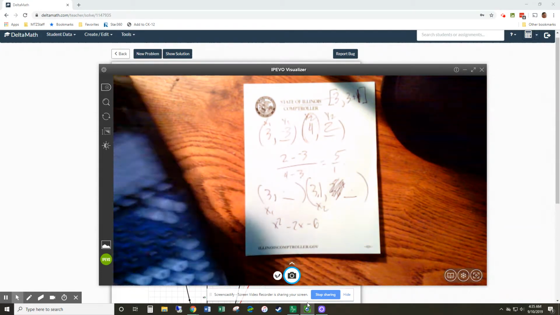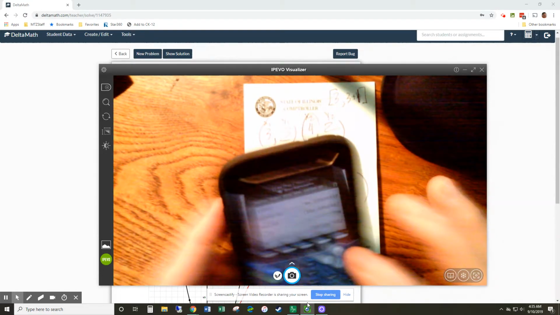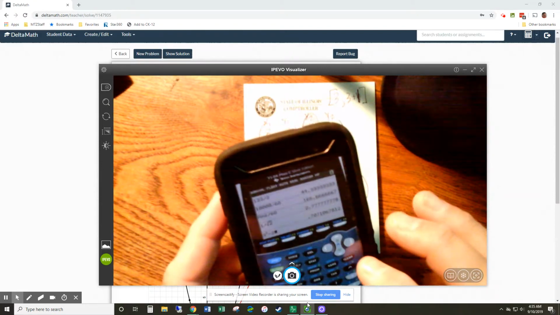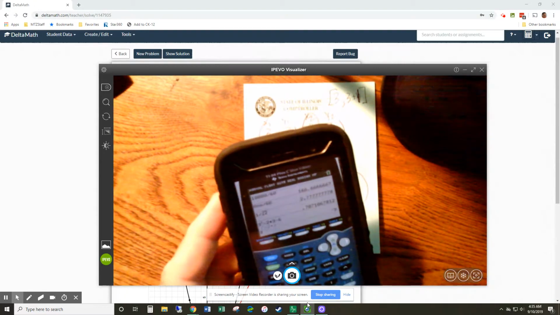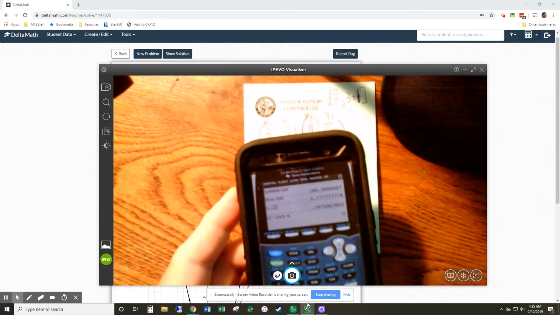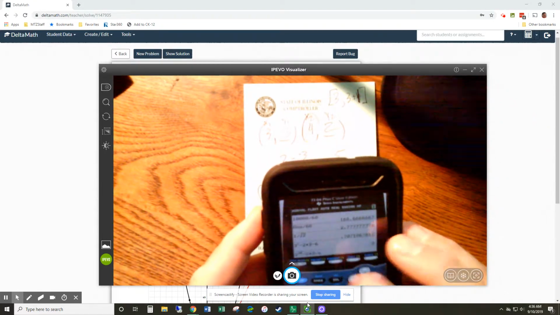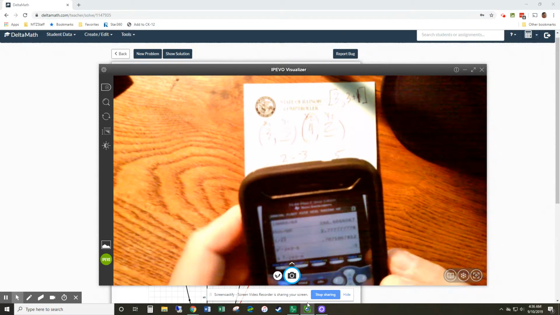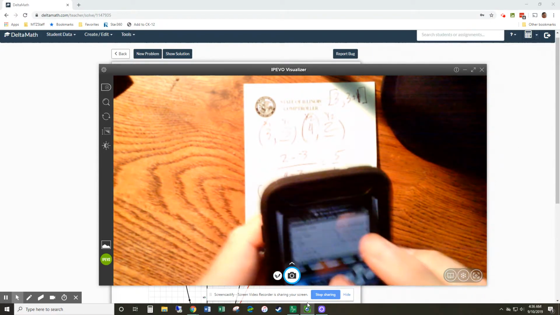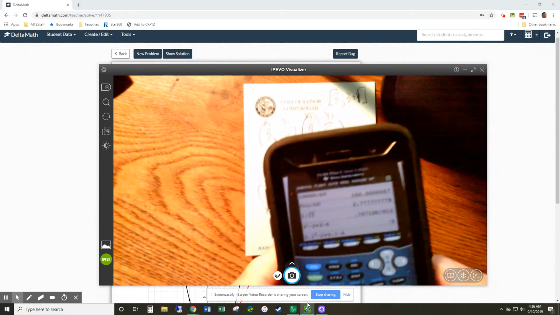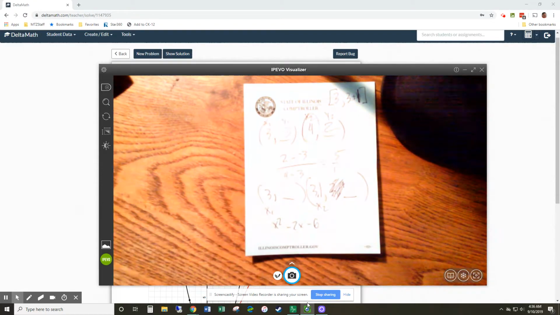I come up with 3 squared minus 2 times 3 minus 6. The answer is yes, negative 3. But now let's do it again with 3.1. So second insert 0.1. Now I have it all plugged in and I come up with negative 2.59.